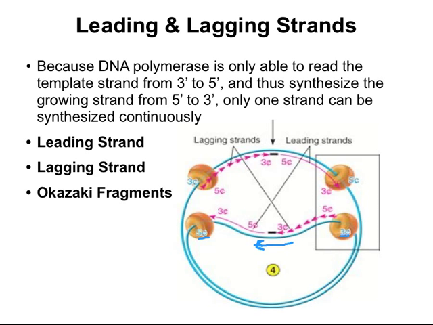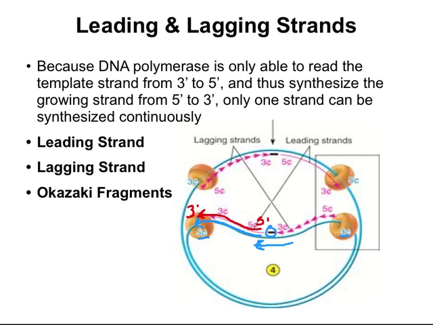At the origin, we have a primer laid down, and DNA polymerase can get on this strand quite happily and read it from 3' towards the 5' end. In this fashion, it can then synthesize the growing strand from 5' to 3', this being the 5' end of the growing strand, and this being the 3' end of the growing strand.